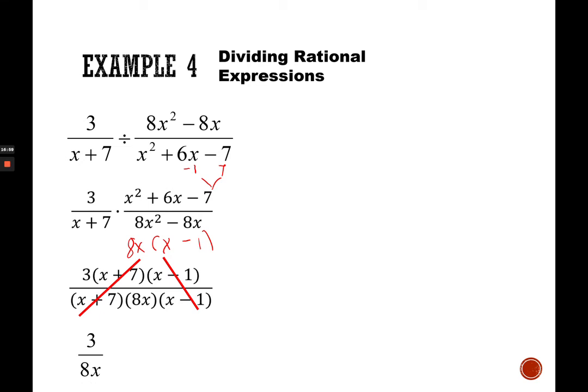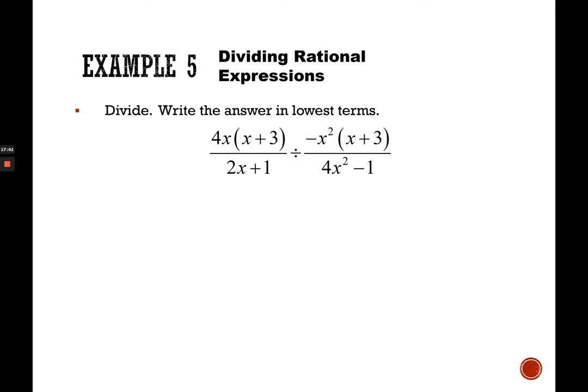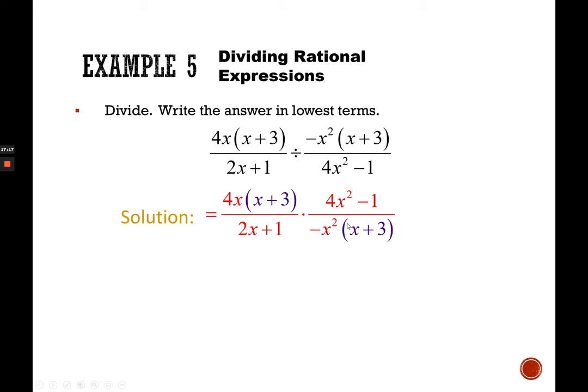Okay, let's have some more. Maybe this is more complicated. And let's try. 4x multiplied by x plus 3, over 2x plus 1, the whole expression is divided by negative x squared multiplied by x plus 3 all over 4x squared minus 1. Flip your divisor and then change division into multiplication.